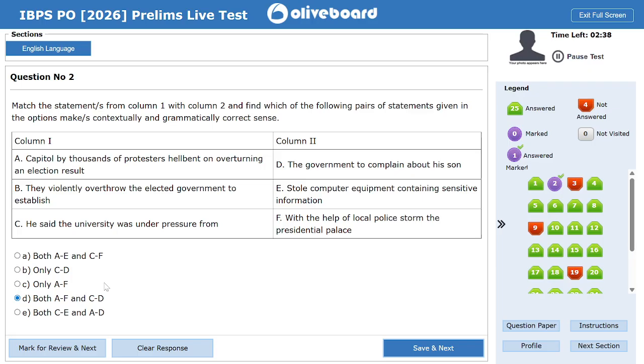Yes, so it would D to nahi hoga. From the government to complain about his son. Ye to kuch alag hi level ka meaning de raha hai. He said the university was under pressure from the government about his son. Ye ho sakta hai CD.